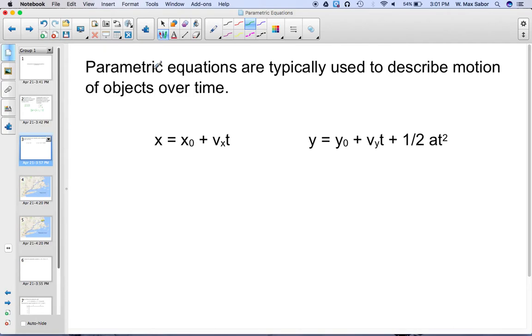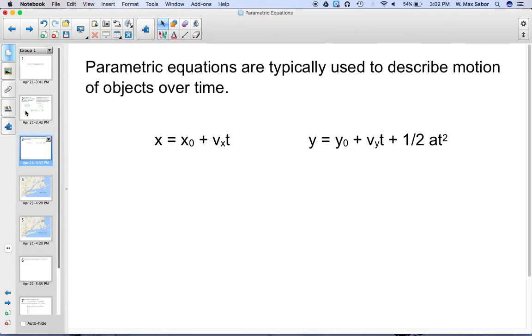Essentially, as t changes, we get out an x coordinate and a y coordinate. So motion in 2 dimensions has 3 variables going on: the time, x, and y. We're taking in time as the input and finding out what the x and y coordinates are at any particular time.